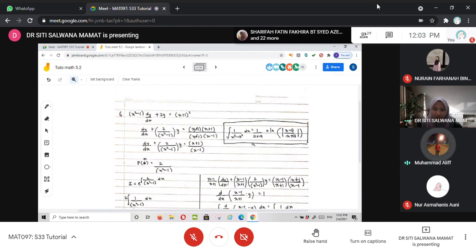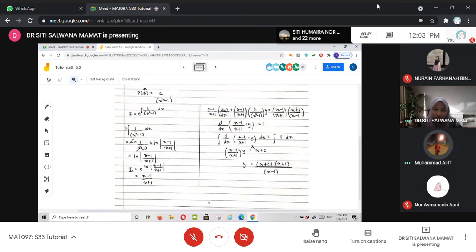So using this formula, saya akan dapat dia punya hasil integrate ln modulus x minus 1 over x plus 1. Then saya masukkan dalam formula I tu. Then e and ln cancel out and I equals to x minus 1 over x plus 1.